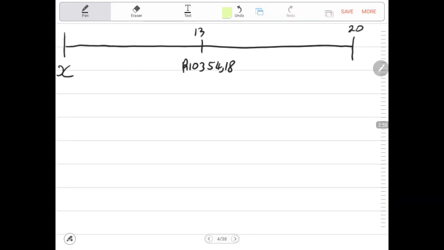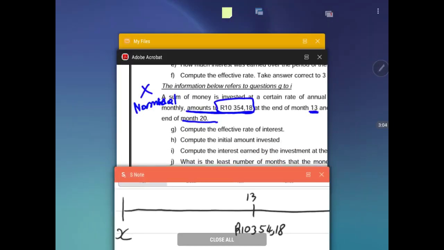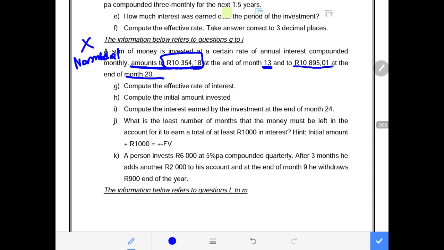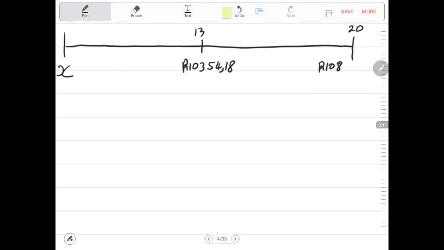Then on month 20, it amounted to 10,895 rand 1 cent.